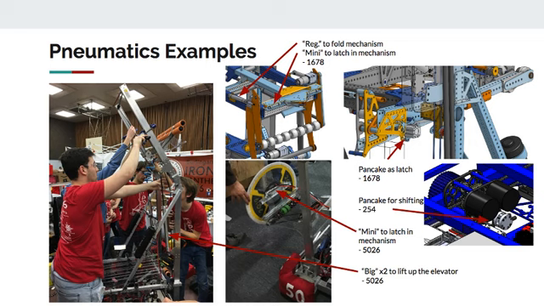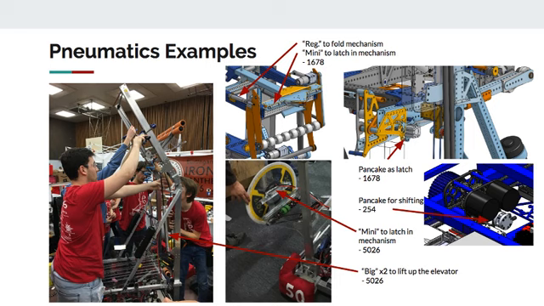On the contrary, this year when we did the hatch mechanism, to save weight, it has one of these little tiny 9/16 bore cylinders. You can see the same thing on 1678's hatch mechanism this year. They have 3/4 inch bore to open up the mechanism to go outside of the frame perimeter, but then they use the little tiny, or I should say mini, 9/16 cylinders to actually grab the hatch, because you don't have to do much sideways force.